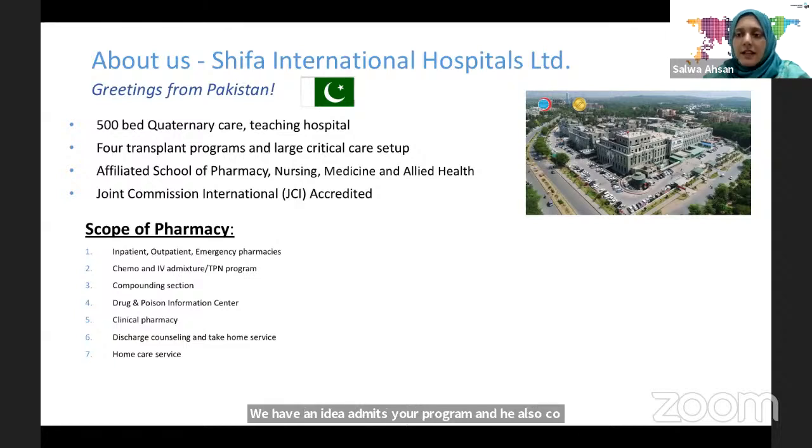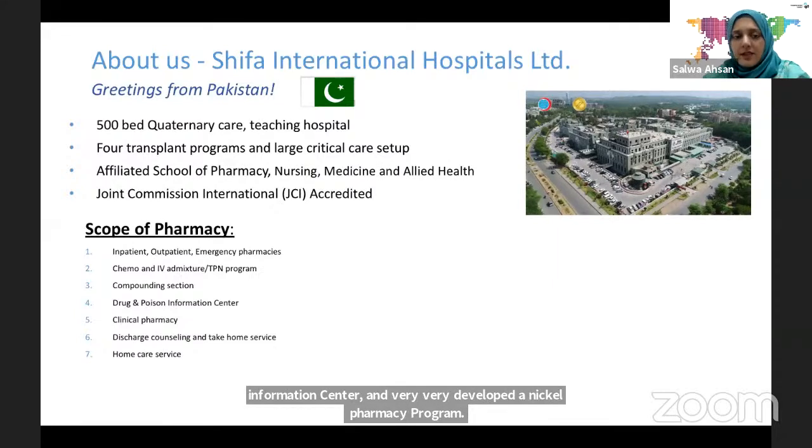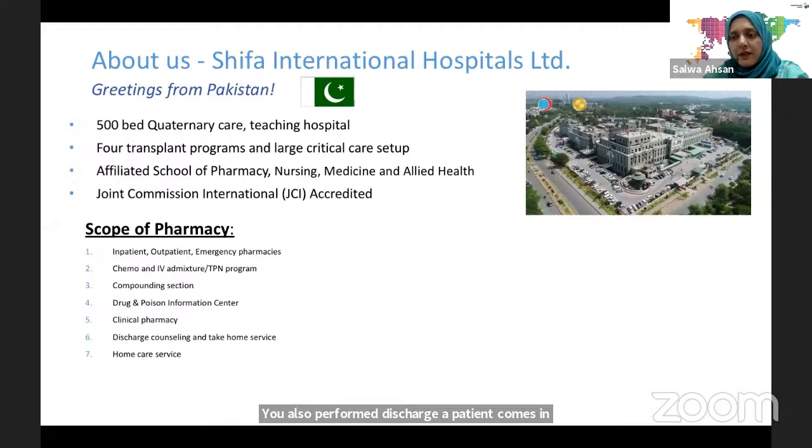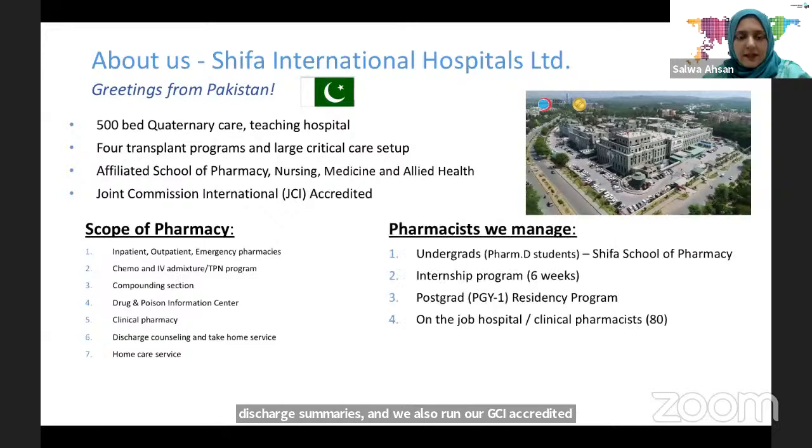We also have sterile and non-sterile compounding section, drug and poison information center, and a very well-developed clinical pharmacy program. We also perform discharge patient counseling, and we provide a take-home service according to the discharge summaries. And we also run our JCIA accredited home care services in Pakistan.